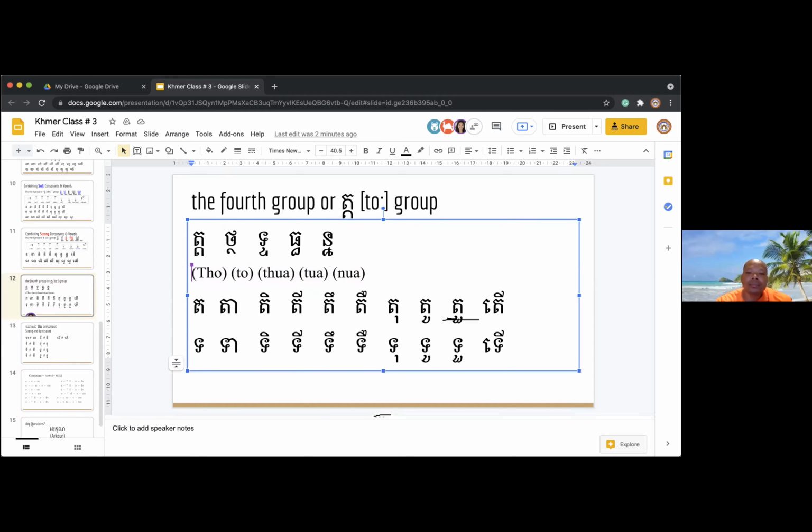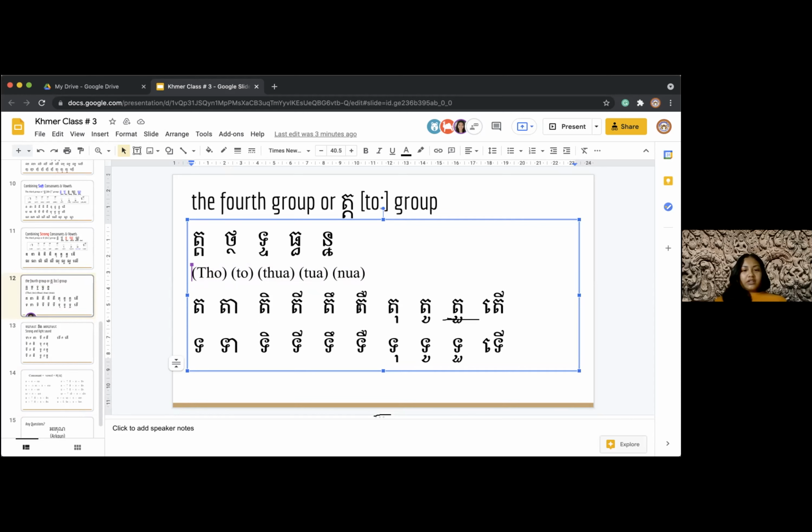Sure. Now we combine. Tor, to, to, sra, ta. To, to, sra, te.